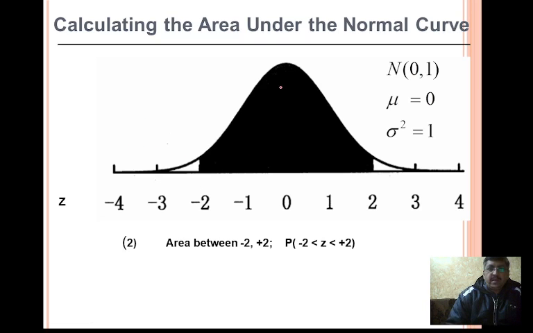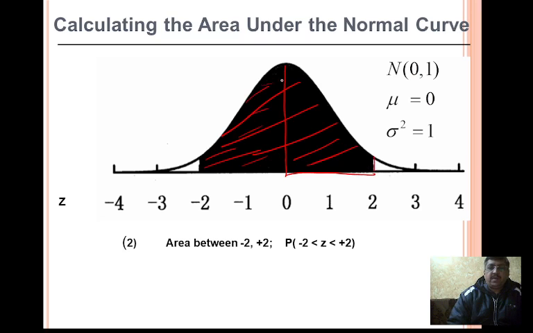This is the area, we have already studied this part, right? And this part, if you trace a line like this, 0 to 2, this 0 to 2 is exactly similar to this one, because it is symmetrical about the axis, right? So if you are interested in finding the area between minus 2 to plus 2, this is nothing but 2 times the area on either side.